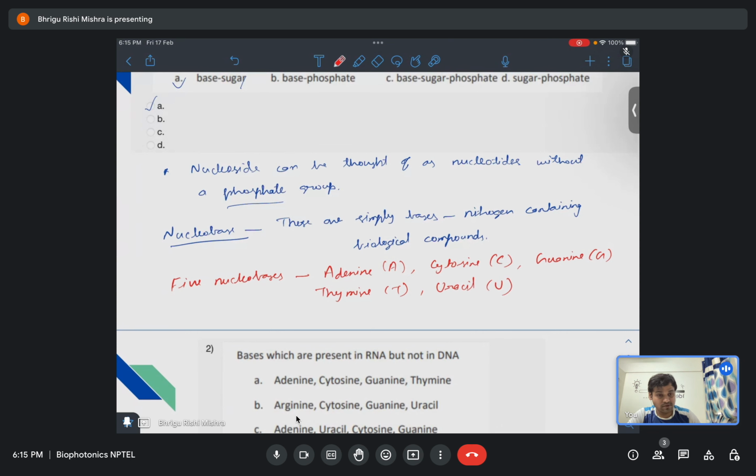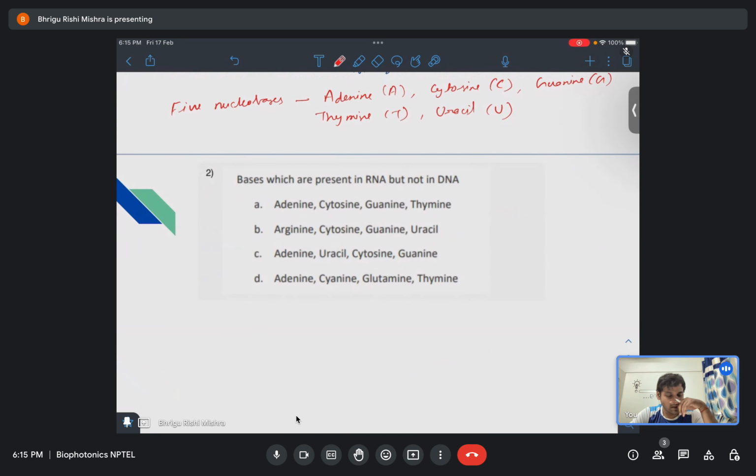This comes to our next question: bases which are present in RNA but not in DNA. These are the five nucleobases we have: A, C, G, T, U. The combination of these five is present in RNA as well as in DNA. In RNA, uracil is present in place of thymine, and the others are the same.